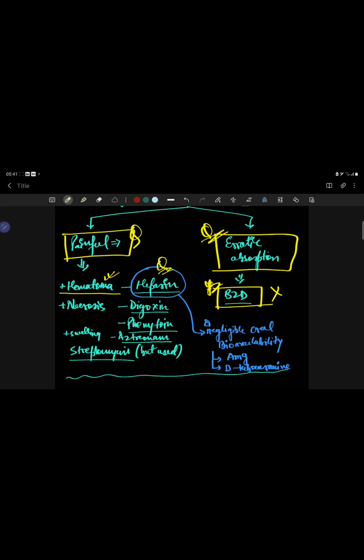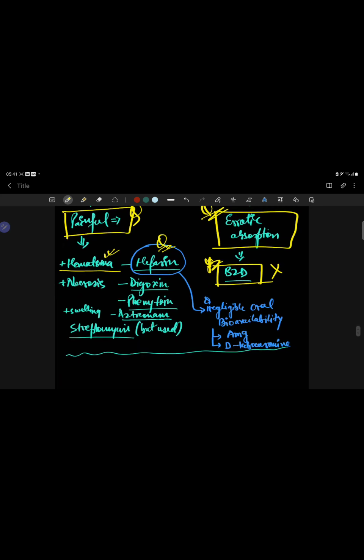For example, heparin is not given by the IM route because it causes hematoma and it is painful. Similarly, digoxin and phenytoin cause necrosis of the localized area as well as pain when given by the IM route.